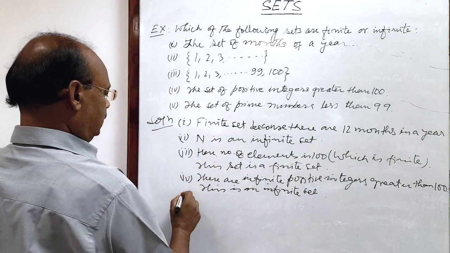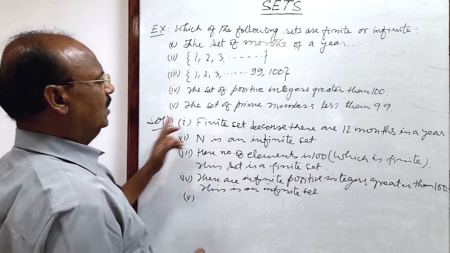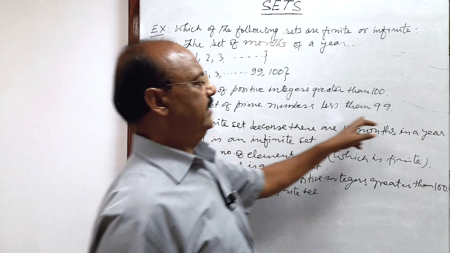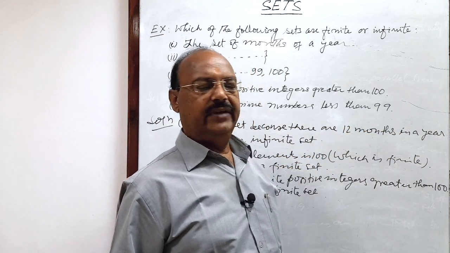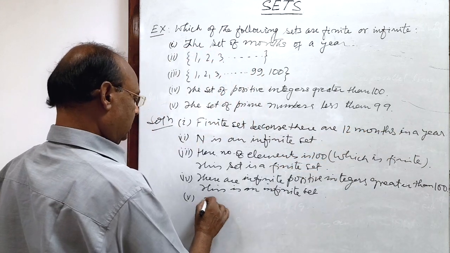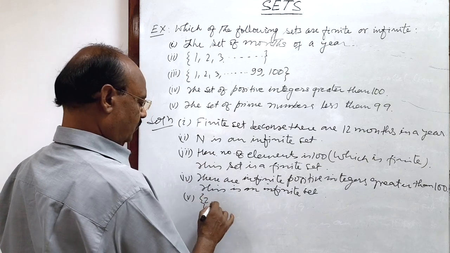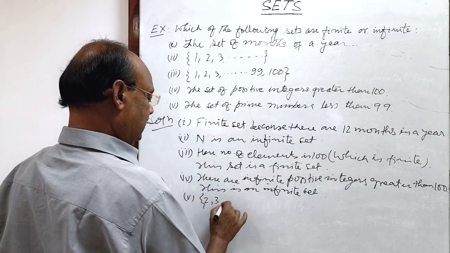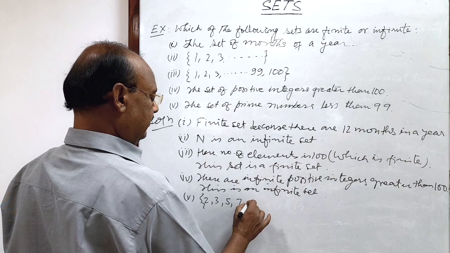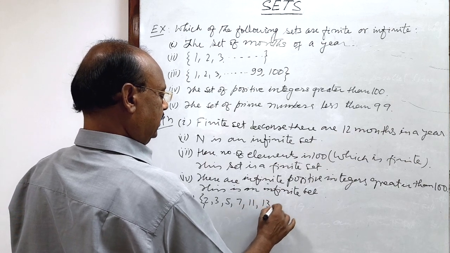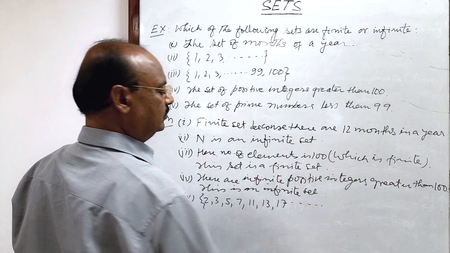And fifth, last, the set of prime numbers less than 99. Obviously we know prime numbers are 2, 3, 5, 7, 11, 13, 17 and so on.